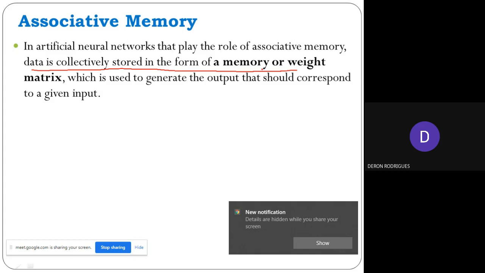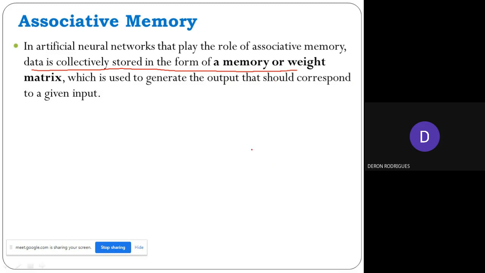You have seen how we get the weight matrix, and this weight matrix is considered like the memory. Whenever we have the weight memory and want to find the output, we have to multiply the input with the weight memory.